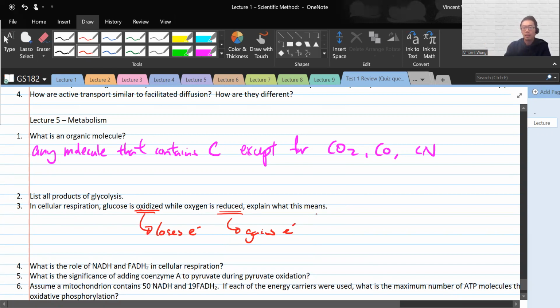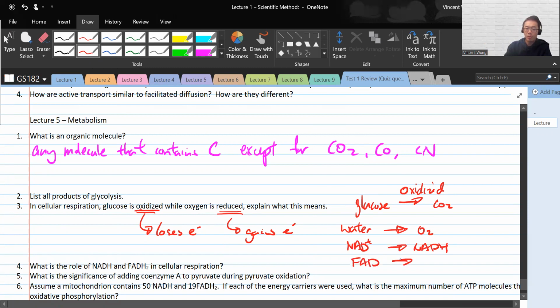So glucose is going to be oxidized into carbon dioxide. Oxygen will be reduced into water. NAD+ will be reduced into NADH. FAD will be reduced into FADH2. Right? These are all examples of reduction.